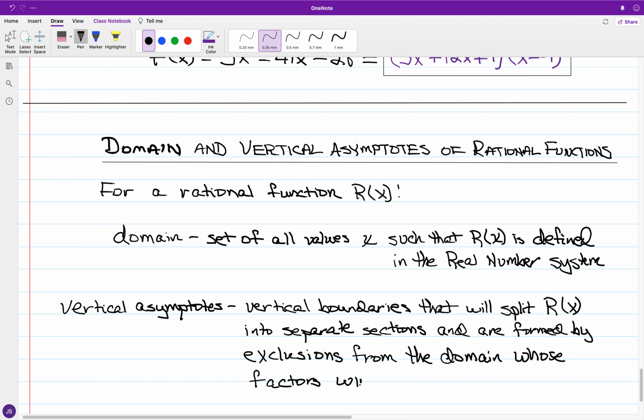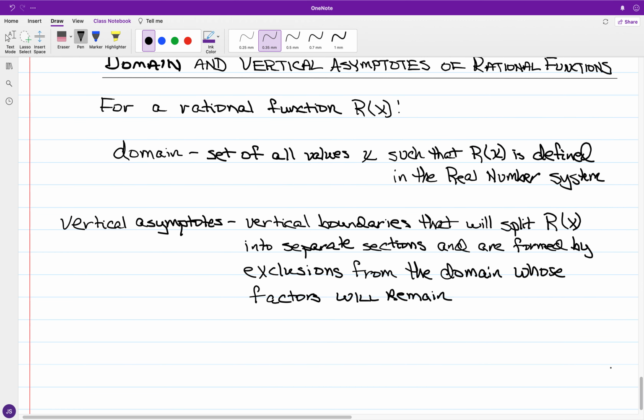I'll stress this particular part: this is after r of x is reduced to lowest terms.